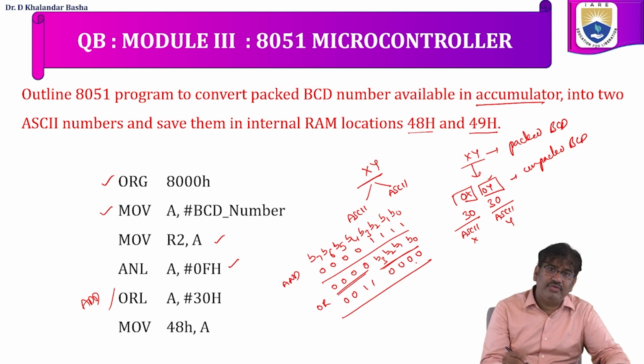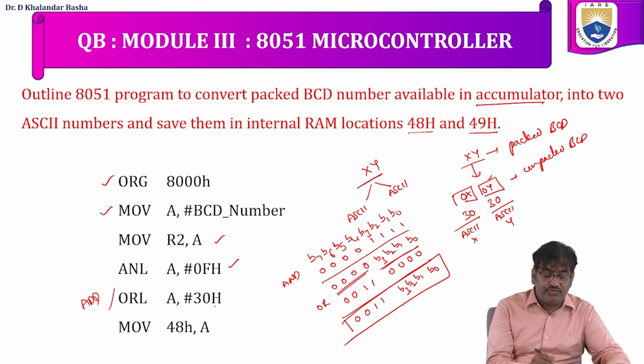Any bit ORed with 0 will give the same bit, and any bit ORed with 1 will give 1. So this is the ASCII equivalent. Now whatever ASCII value we got, we move into 48H. So this 3Y has been moved into the 48H memory location.